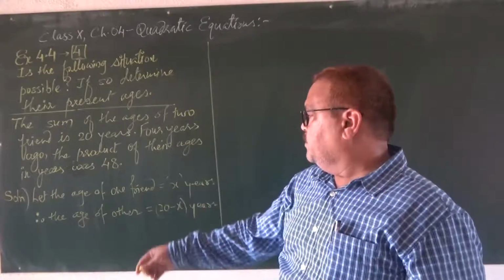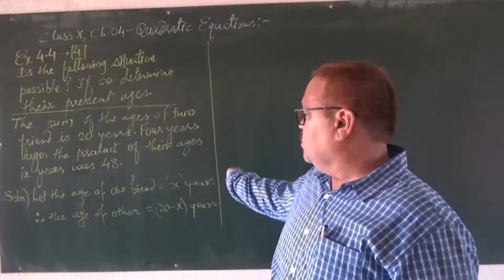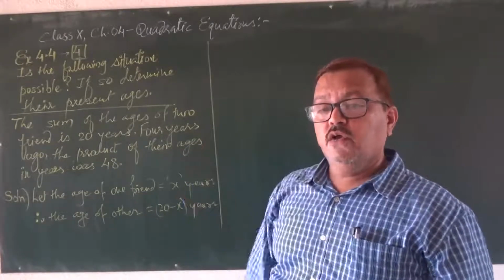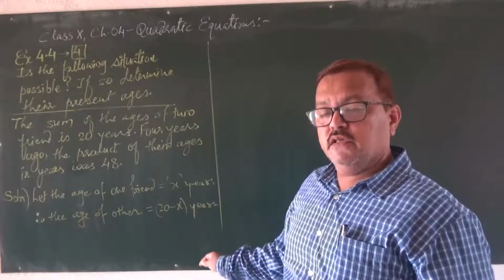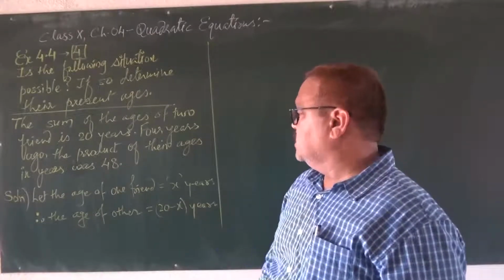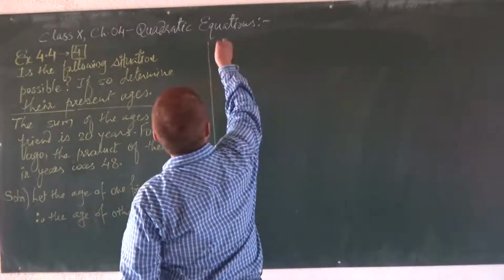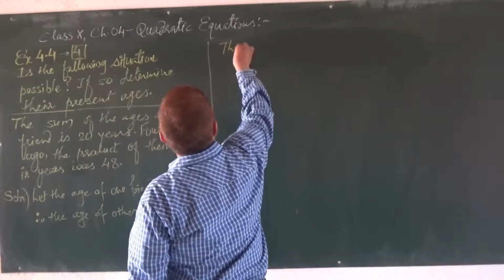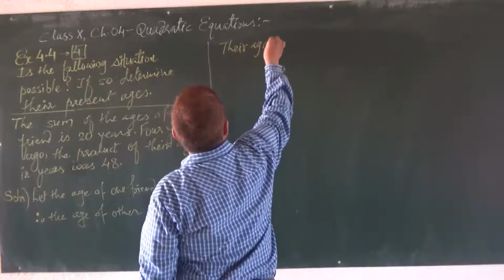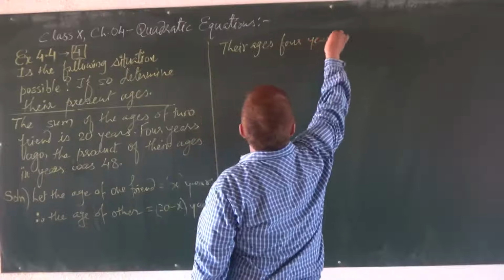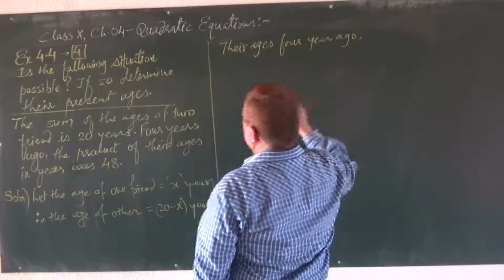Okay, let the present age of one friend be x years. What will the other's age be? The total of both is 20, so the other's will be 20 minus x. Okay, 20 minus x. Now, their ages 4 years ago, how much will it be?